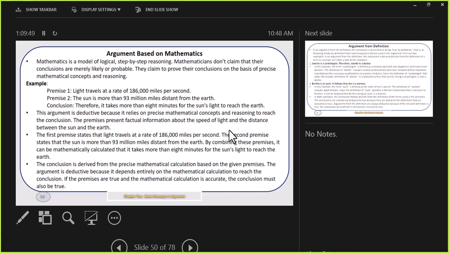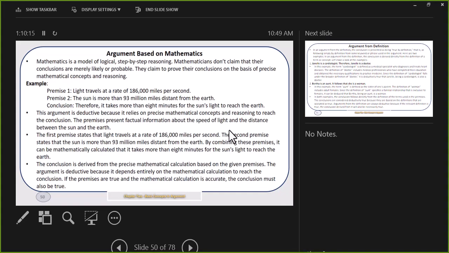But don't confuse argument based on mathematics with argument based on statistics. Who can tell me the difference? Argument based on mathematics and argument based on statistics. The similarity is both of them can contain numbers. But unlike mathematics, statistical arguments contain what?